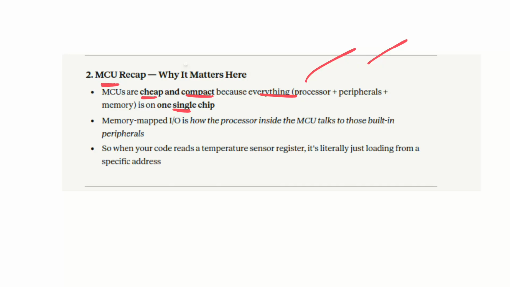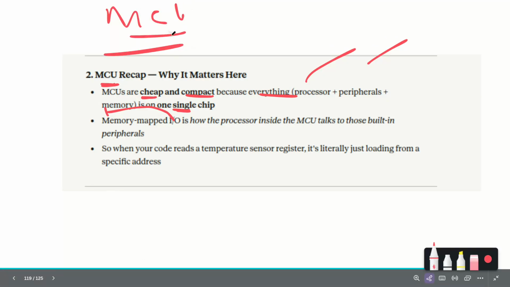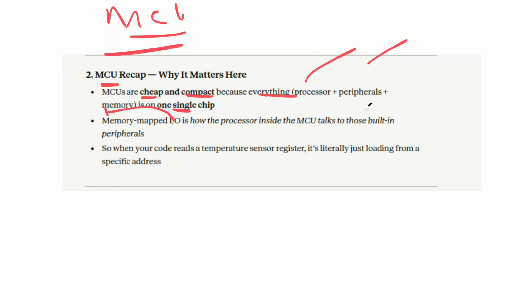So memory mapped IO is how the processor inside the MCU talks to those built-in peripherals. The MCU has its own processor, its own memory, its own peripheral devices. Using the address, using memory mapped IO, the processor inside the MCU can talk to those peripheral devices.